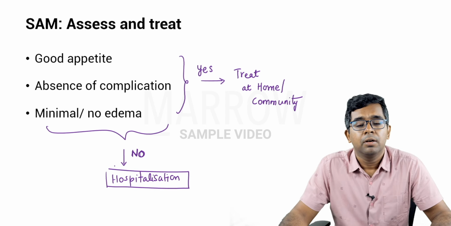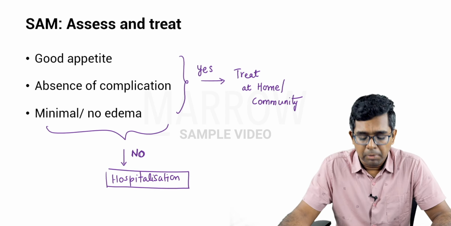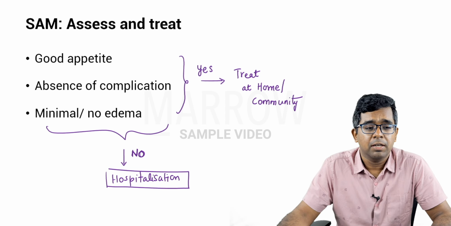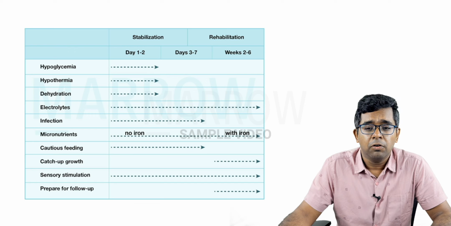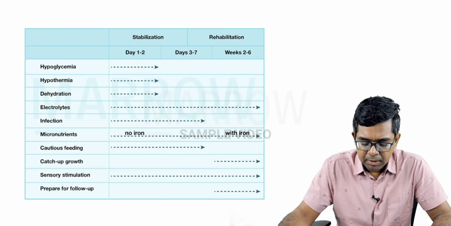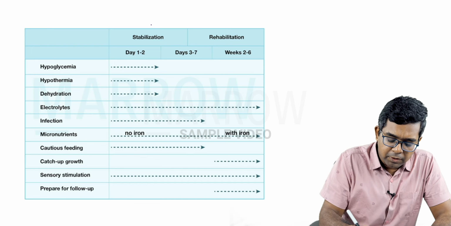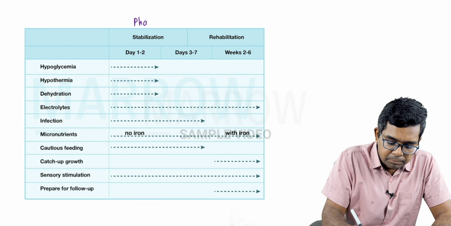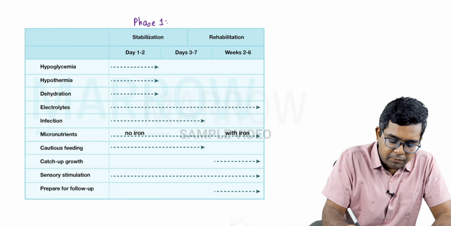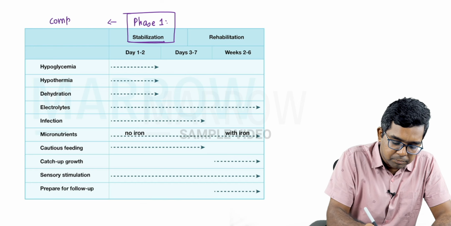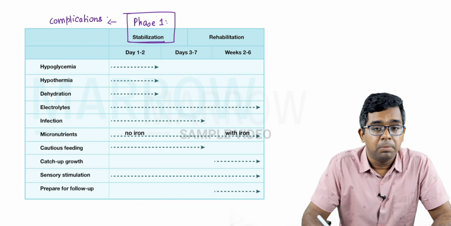Going forward, I am going to tell you about the hospitalization management guidelines for a child with SAM. It follows something called the 10 steps of treatment, and it occurs in two phases. Phase 1 is the stabilization phase, which is all about complications.